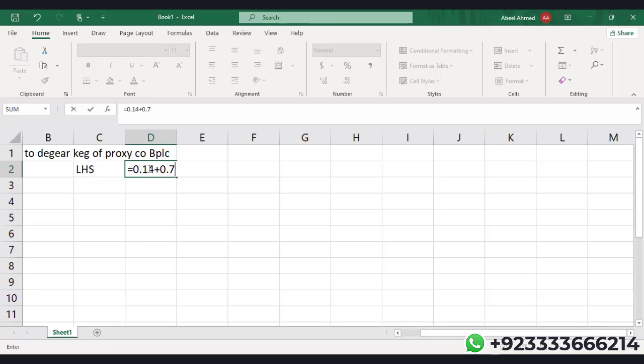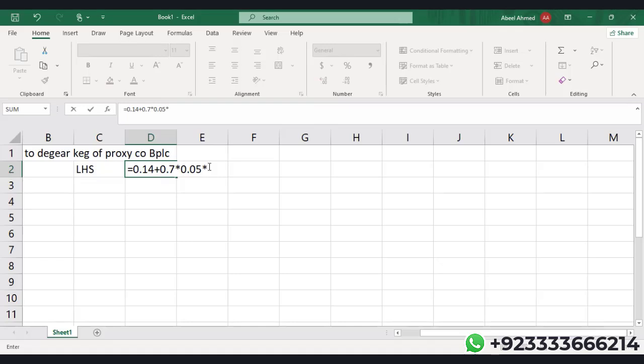Multiply by KD. KD is 5%. Can I say 5% means 0.05? Then multiply this with market value debt upon market value equity.